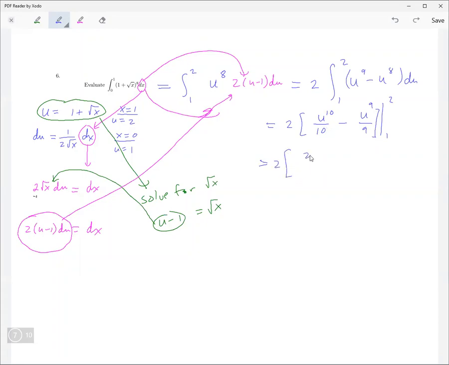Okay, so putting a 2 in, we have 2 to the 10th over 10 minus 2 to the 9th over 9. And then subtracting and putting a 1 in, we have 1/10 minus 1/9.